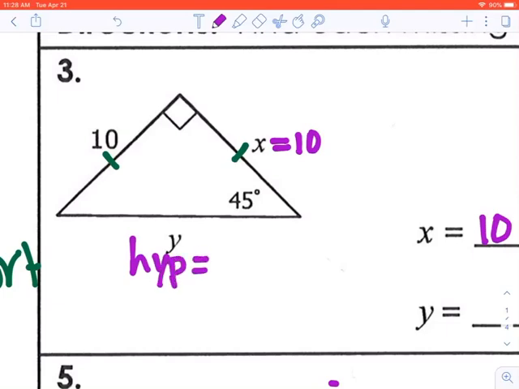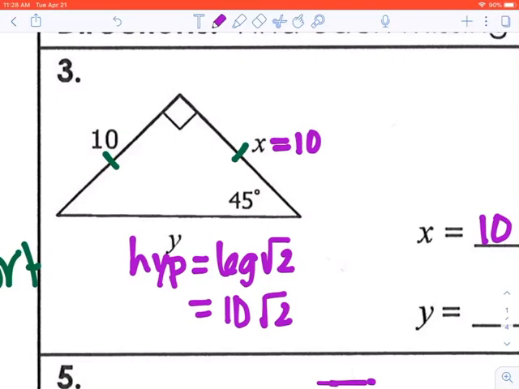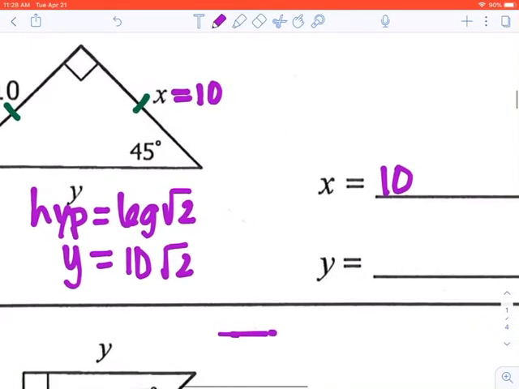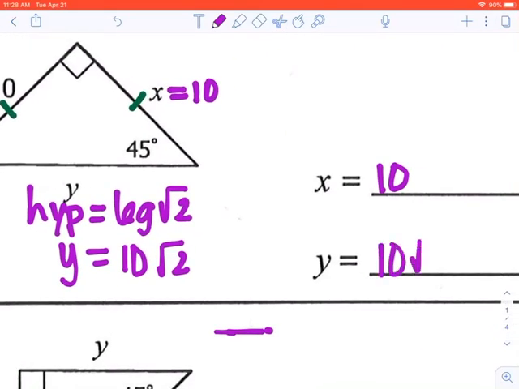And the hypotenuse is going to be equal to the leg times the square root of 2. Well, we said our leg was 10, and that's times square root of 2. So our hypotenuse y is equal to 10 rad 2. And we are done. We have found the leg and the hypotenuse, and we've completed the triangle that we need to find, okay?